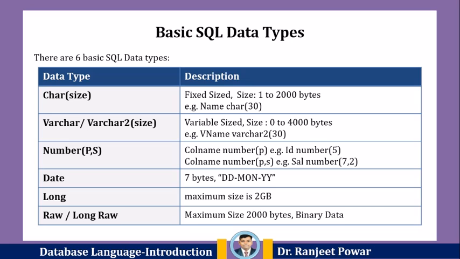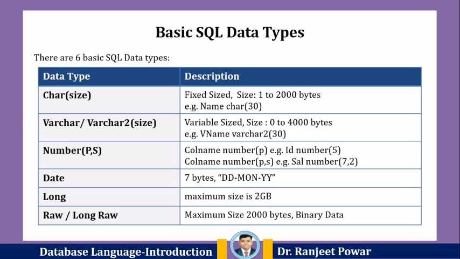which refers to the total number of digits. It varies between 1 to 38. S is the scale, which refers to the digits to the right of the decimal point. In the example, the salary column is of type number, the precision is 7, and the scale is 2.